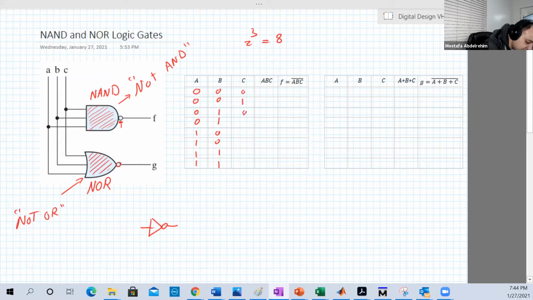So for C, 0 1 0 1 0 1 0 1. And again in here we will fill the NAND, and here we will fill the NOR. Again 0 0 0 0 1 1 1 1, then 0 0 1 1 0 0 1 1, then 0 1 0 1 0 1 0 1.